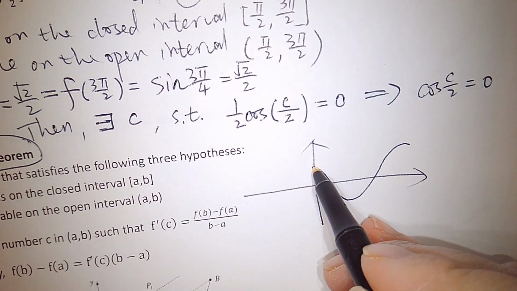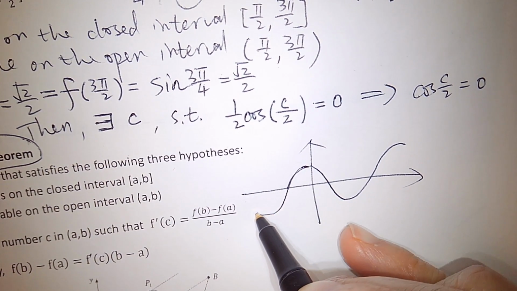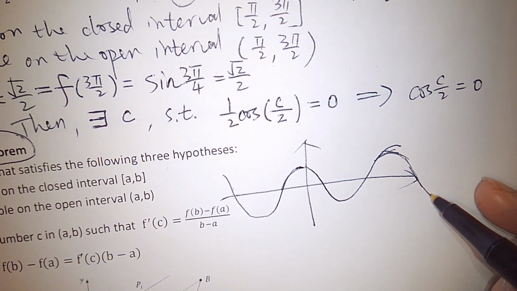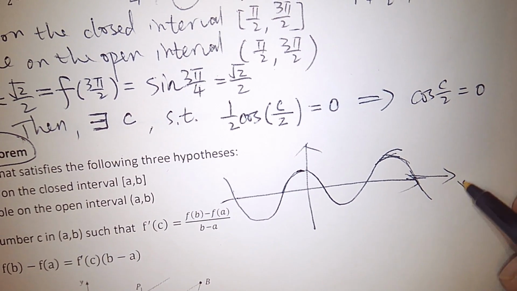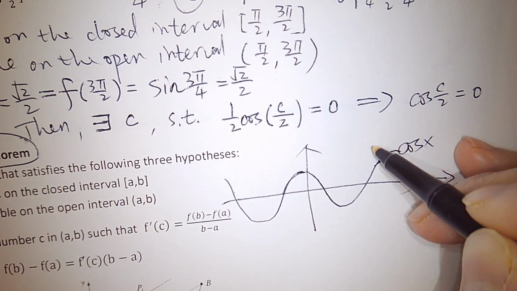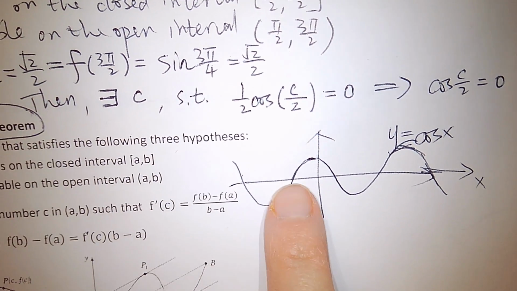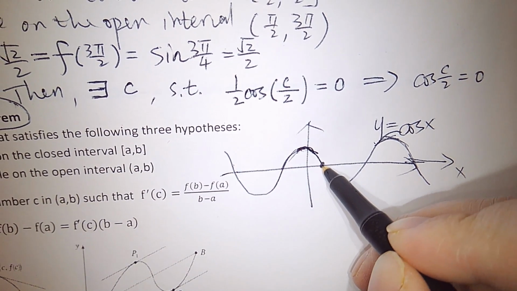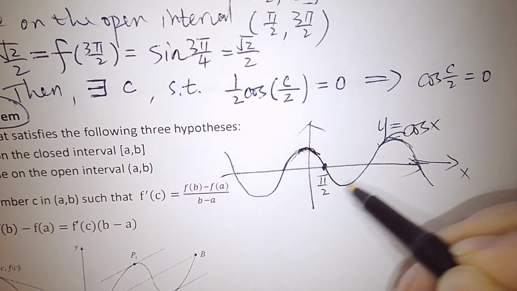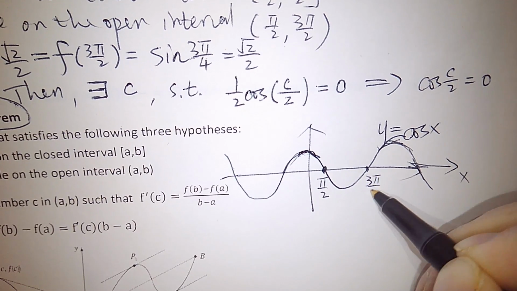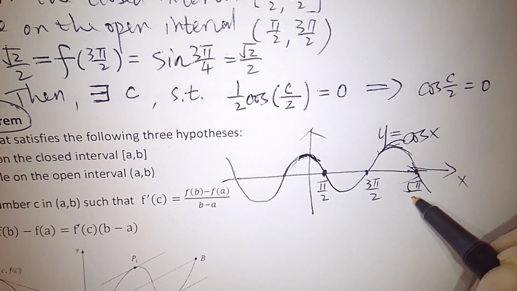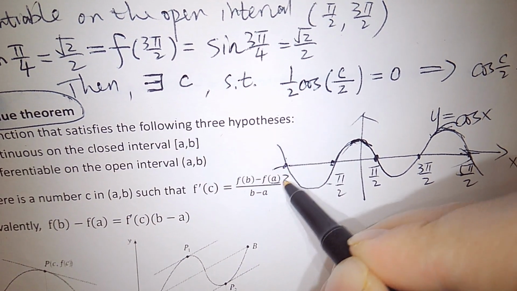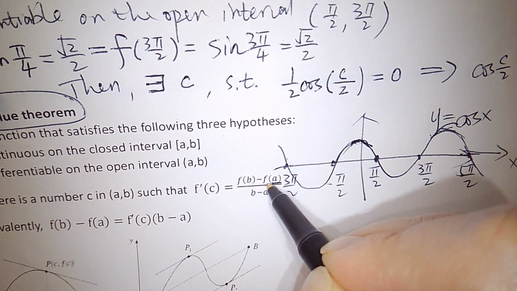Do you still remember the cosine function, what it looks like? Oh, this is too tall. This is x, this is cosine of x, y equals cosine of x. And where does cosine function equal 0? Pi over 2, 3 pi over 2, 5 pi over 2, negative pi over 2, negative 3 pi over 2, and so on, right?